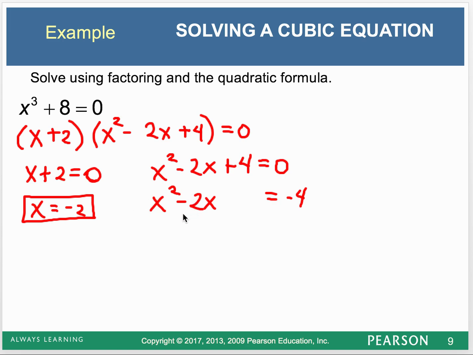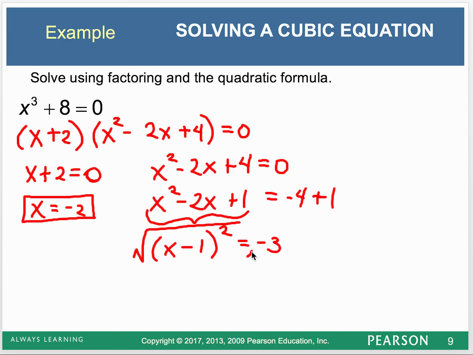Let's take half of 2, which is 1, and square it, which is still 1. Add that to both sides. That makes this a perfect square trinomial that we know how it factors. It's going to have this sign and use that first half of number, which in this case, both of them are 1, all squared. -4 plus 1 is -3.